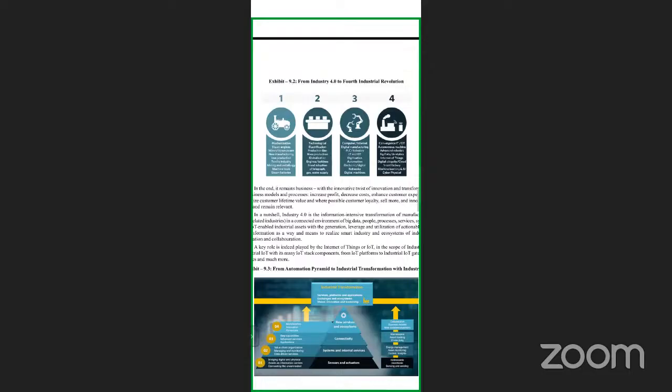The third was computer-integrated manufacturing, PLC, robotics, IT and OT, digitalization, automation, electronic digital networks, and digital machines. And the fourth is the convergence of IT and OT, autonomous machines, advanced robotics, big data analytics, IoT, digital ubiquity, cloud, smart factory, machine learning, AI, and cyber-physical systems. These are the differences from Industry 4.0 to the fourth industrial revolution.